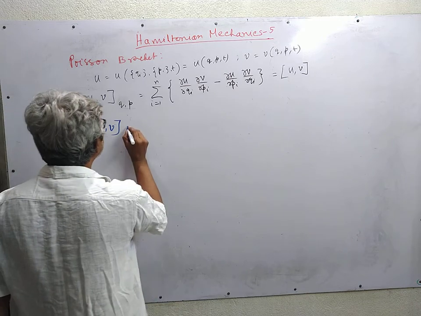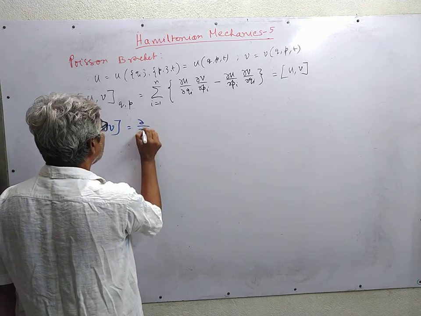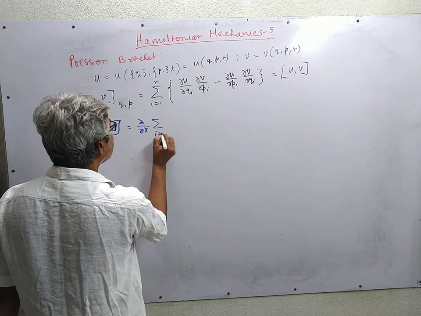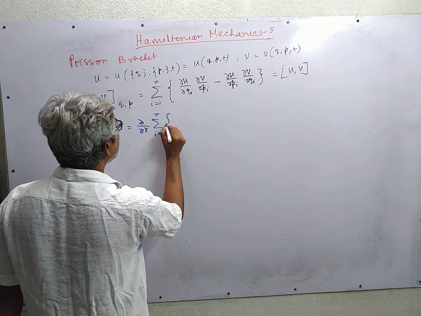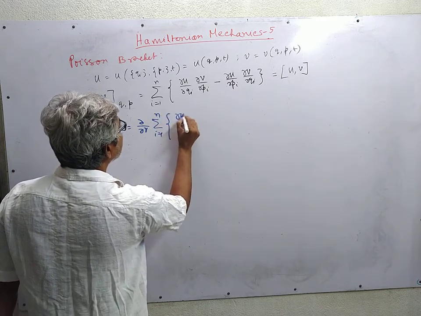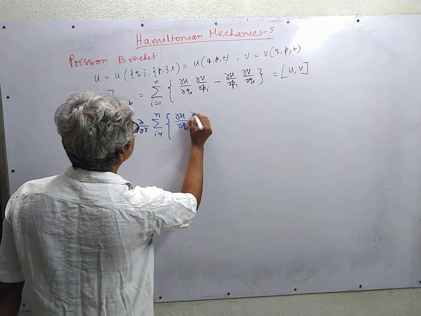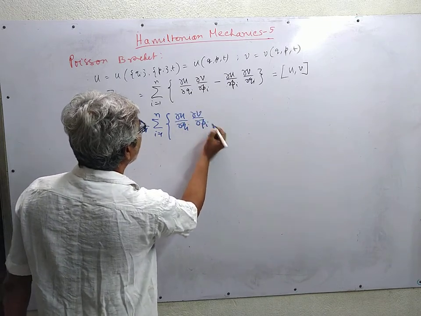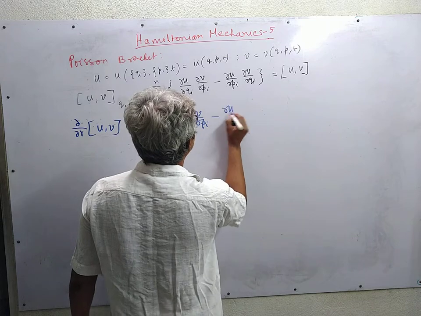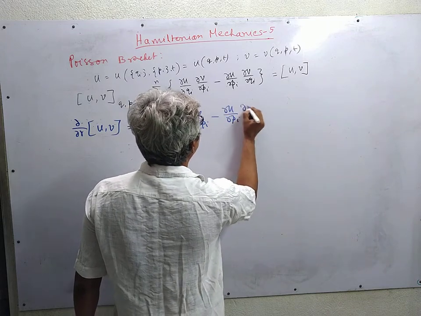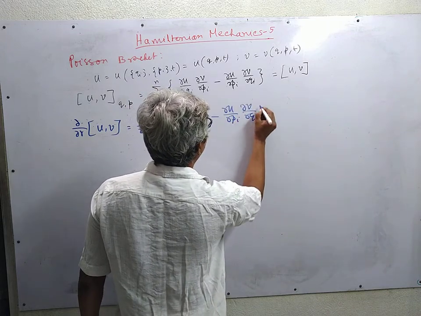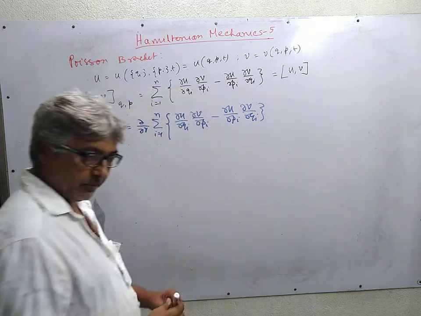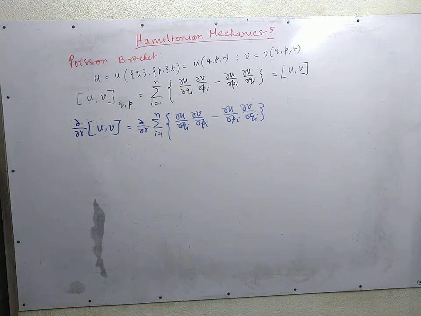This is basically del R, summation over i equal to 1 to n, del U del Qi del V del Pi minus del U del Pi del V del Qi. This is the definition of Poisson bracket.